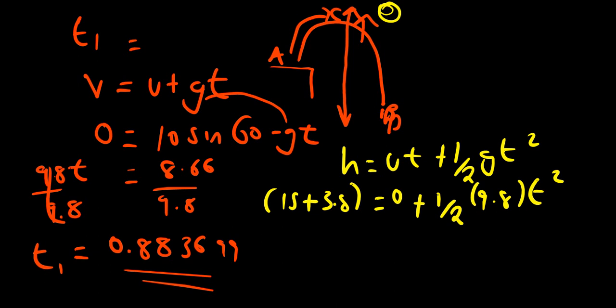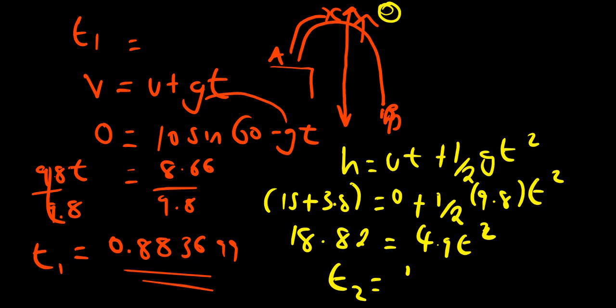This is t2. When we add these two, 15 plus 3.8, that's about 18.8, is equal to half of 9.8, that is 4.9 t squared. When we solve for t2, I'm finding something like 1.960.